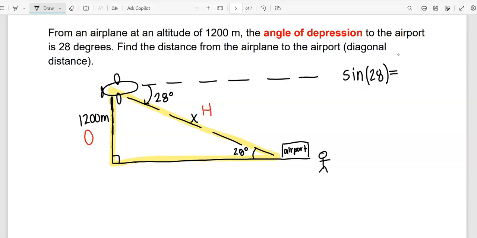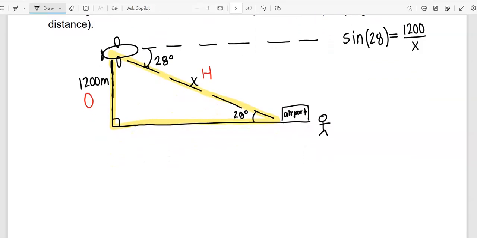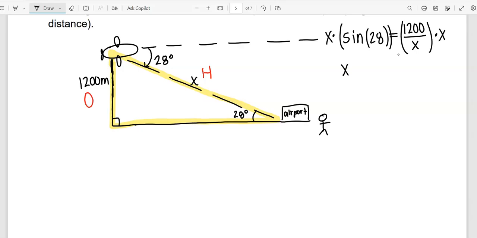Opposite over hypotenuse. Opposite is 1200 over hypotenuse is x. And how do I solve that for x? Multiply both sides by x. So I have x times sine of 28 is equal to 1200. Well, then what? Divide each side by sine of 28.